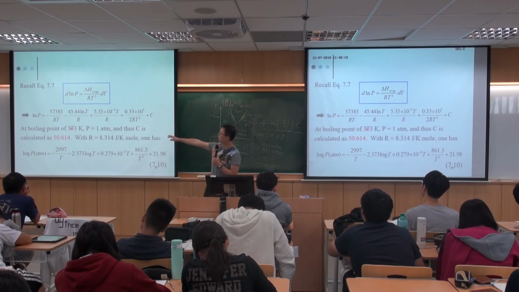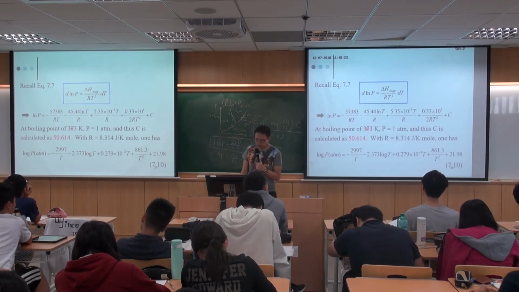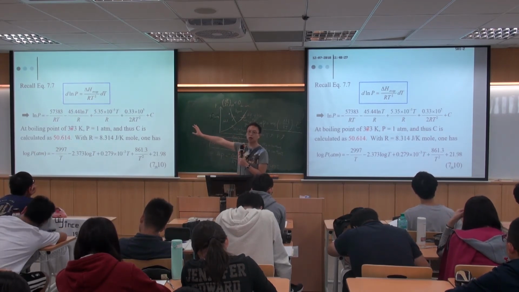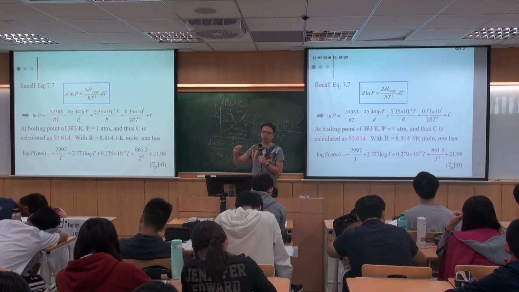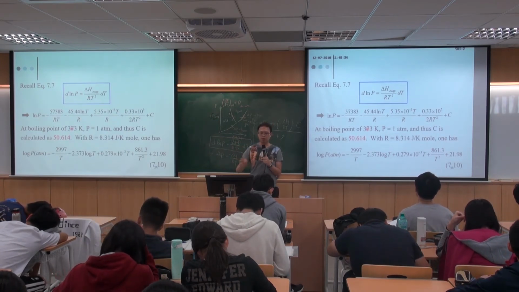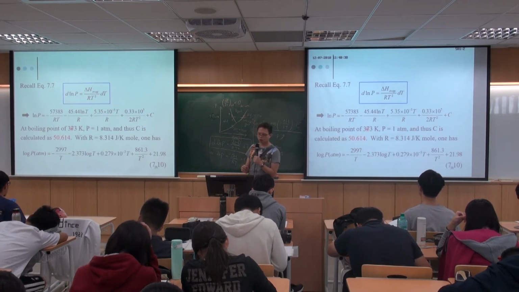Eventually, I think the textbook shows you that this is around 50. So eventually, you will have an expression of the pressure as a function of the temperature. All you need to do is plug in temperature, then you can know what the saturated vapor pressure is.